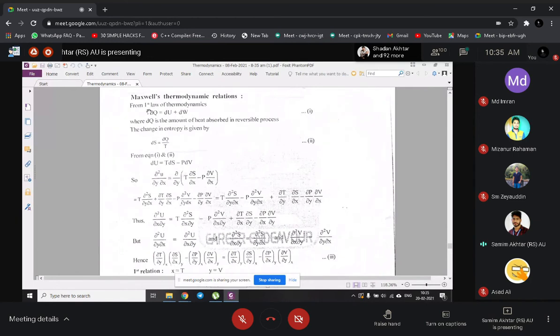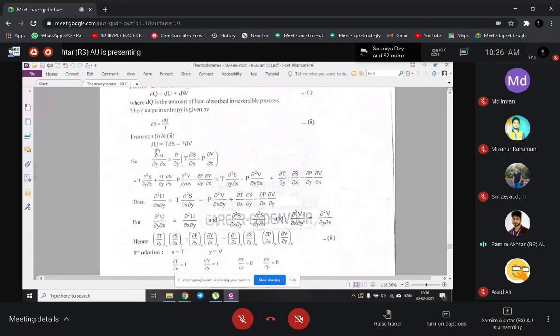Du is basically the change of the internal energy of the system, and dw the change of the work. You can say that d means the interval or changes.